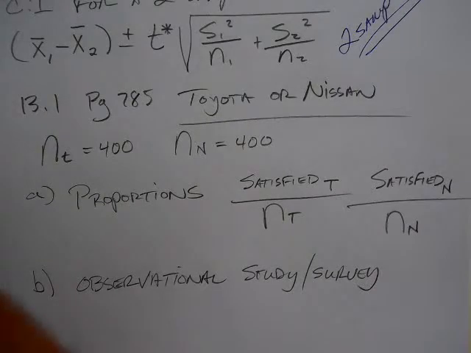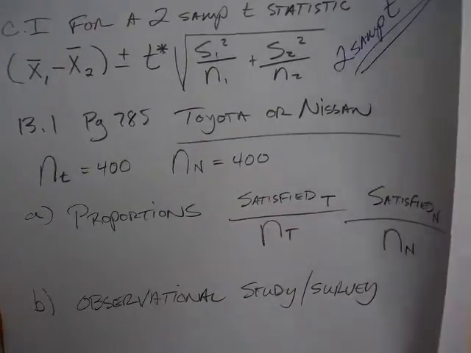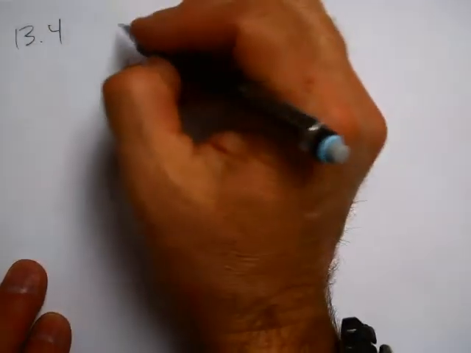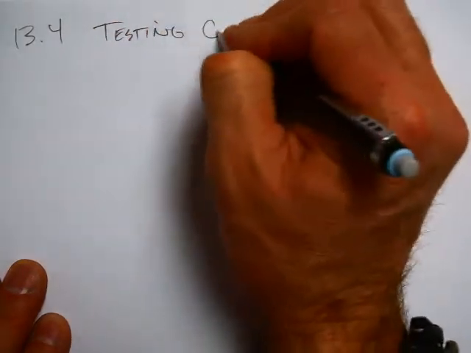Okay, so that's it for 13.1. Let's look at 13.4. It's a real quick one. Then I'll give you some direction for 13.5. 13.4 is testing chemicals.